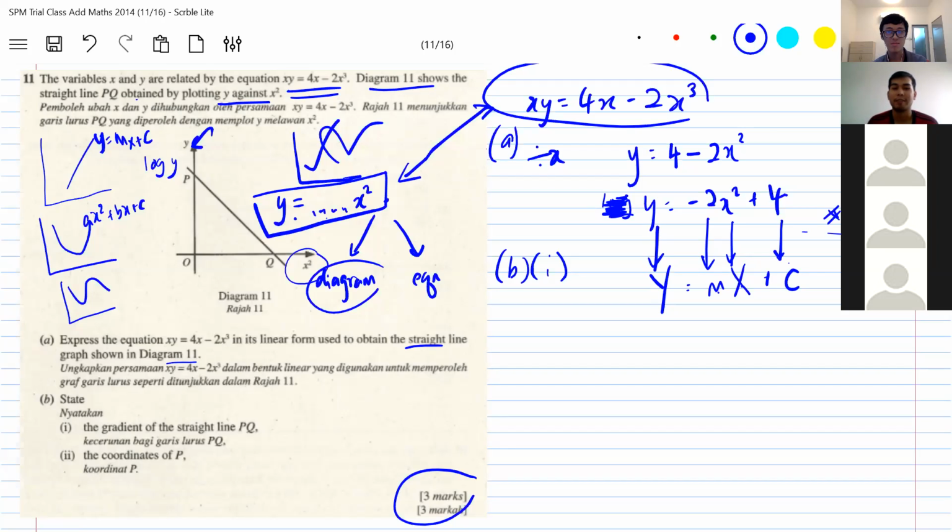Therefore, you can answer straight away. State the gradient of the straight line PQ. The gradient is m equals minus 2. Subsequently, the coordinates of P, the y-intercept is 4, right? But they want the coordinates, so it will be (0, 4).